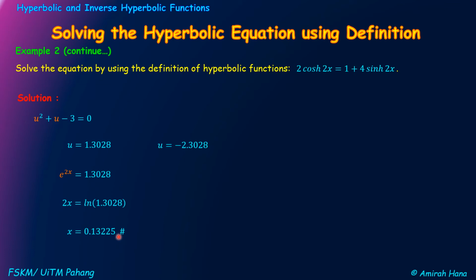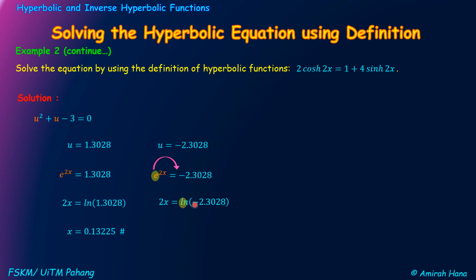Okay? And then for the other one, from u equals this value, we replace u with e to the power of 2x, because from the previous slide, our u equals e to the power of 2x. And then using the same technique, we need to move e to the right-hand side, and we get ln here. Okay? But ln of a negative is an error.